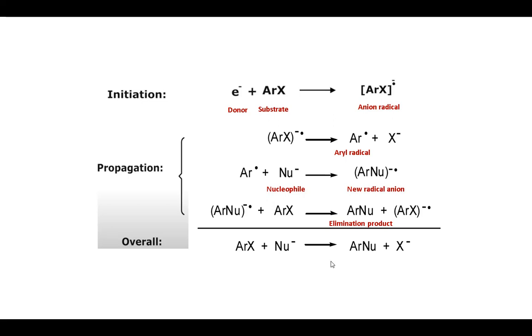This can be easily attacked by the nucleophile to form a new radical anion, which subsequently leads to product formation. During the chain propagation step, the aryl radical with the attached nucleophile gets recycled to give the intermediate radical through an intermediate.